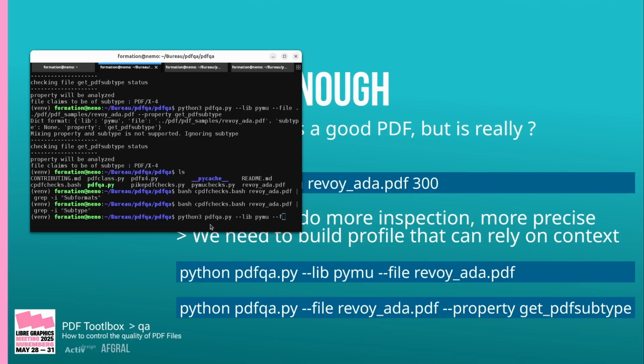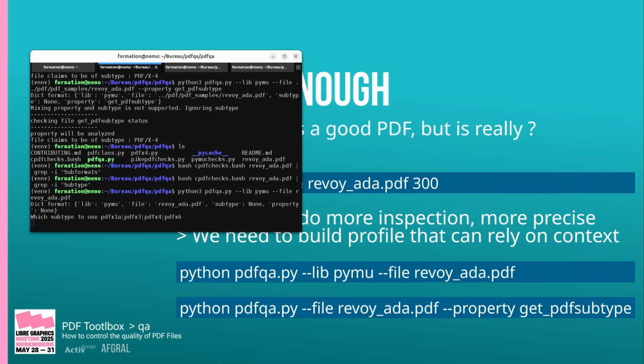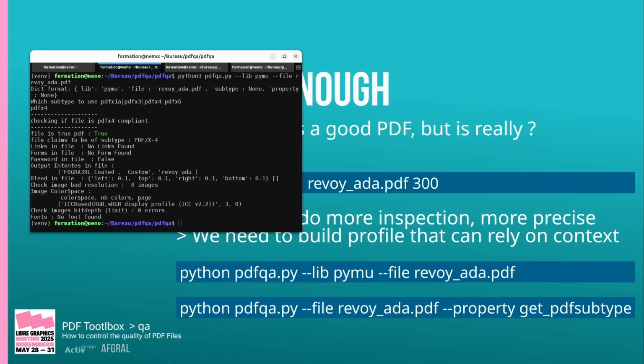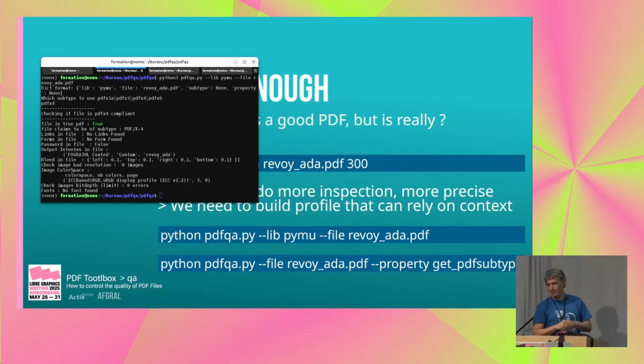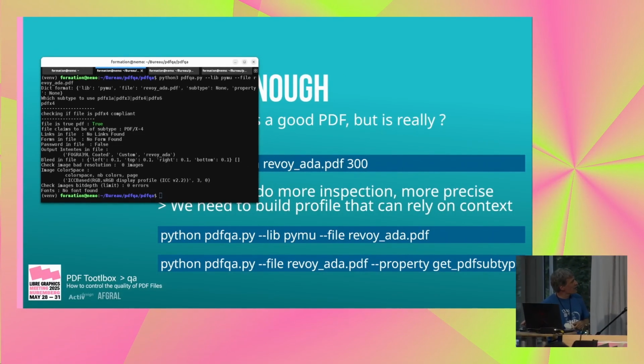So I can say, for example, the file I will use, not this one, okay? And I get information if I choose, for example, does it match PDF/X-4? And it just makes me a report, okay, to show in fact what's good or what's not good, or if everything is good. So that's mainly what it does.